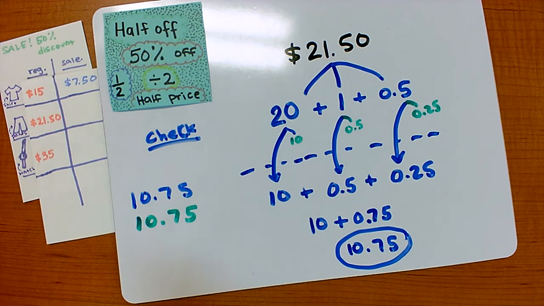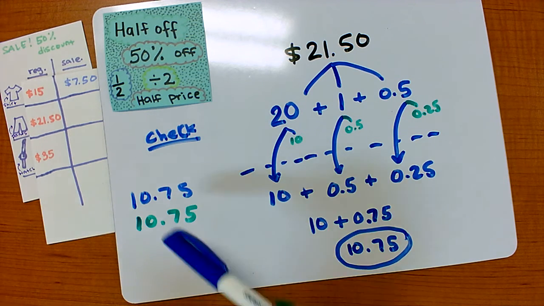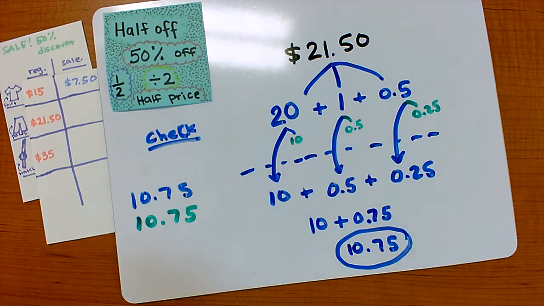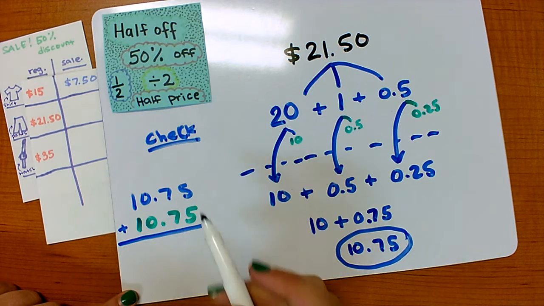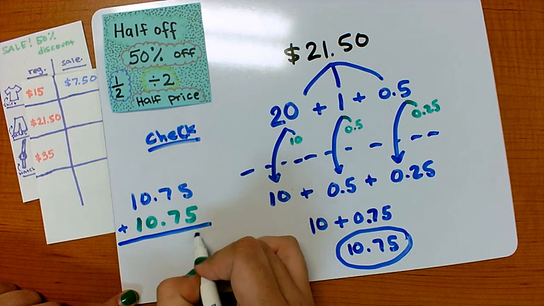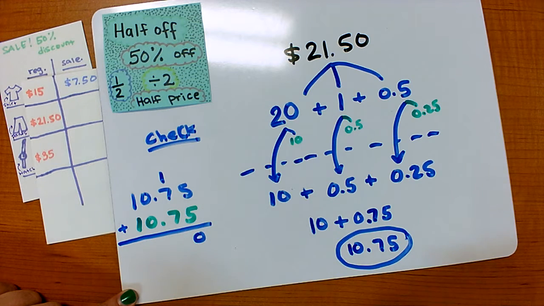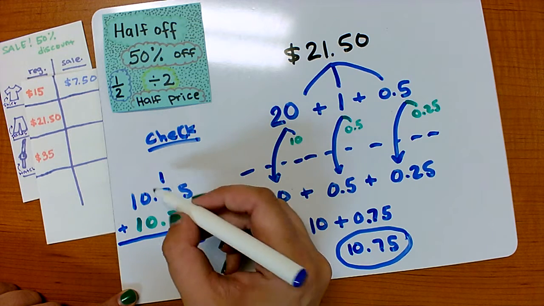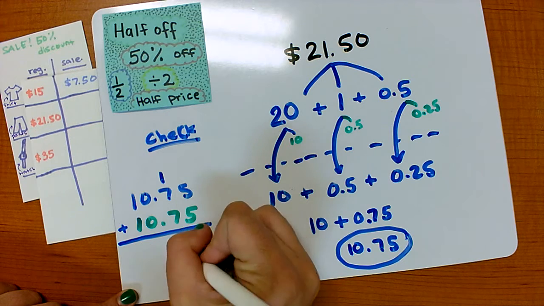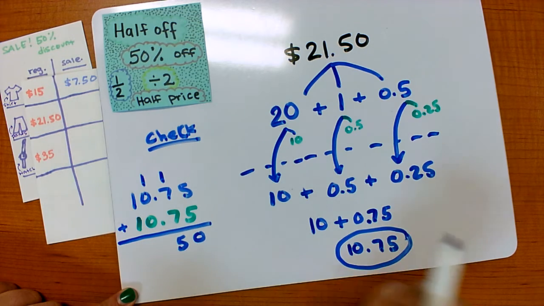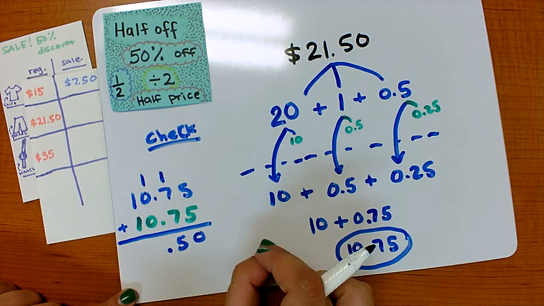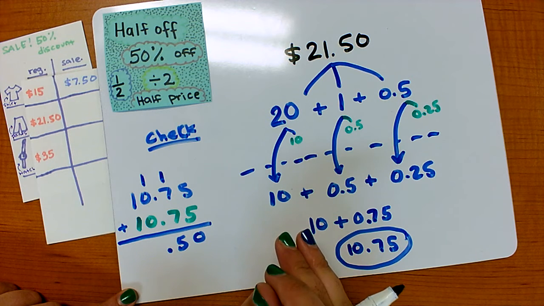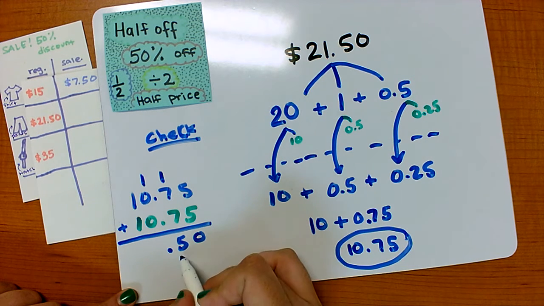Again, if I did my math right, these should add up to make that original price $21.50 before it was cut in half. 5 plus 5, 10. 7 plus 7 is 14, plus 1 is 15. I carry the 1. I've come to my decimal point. I'm going to make sure I write it down. Don't mess around with the decimal point. Address it right away. So far, so good.